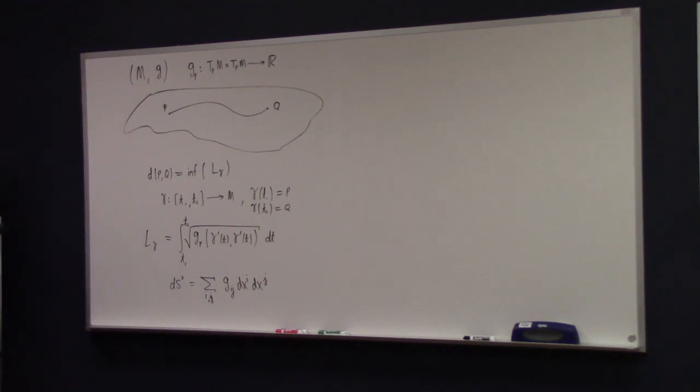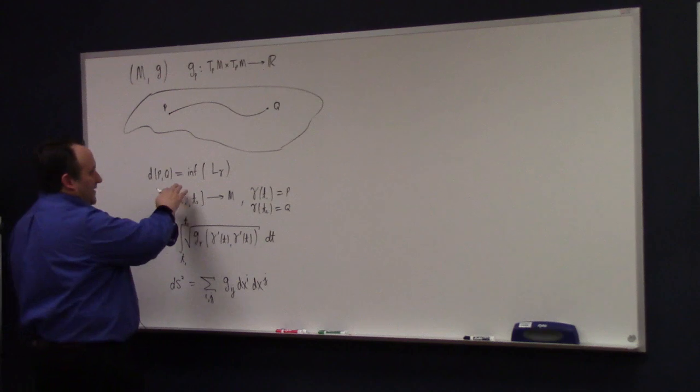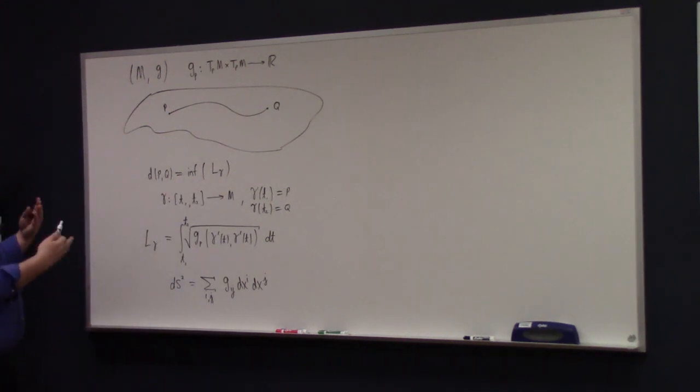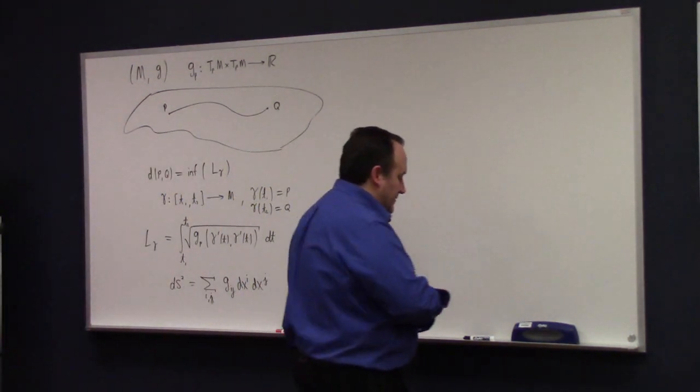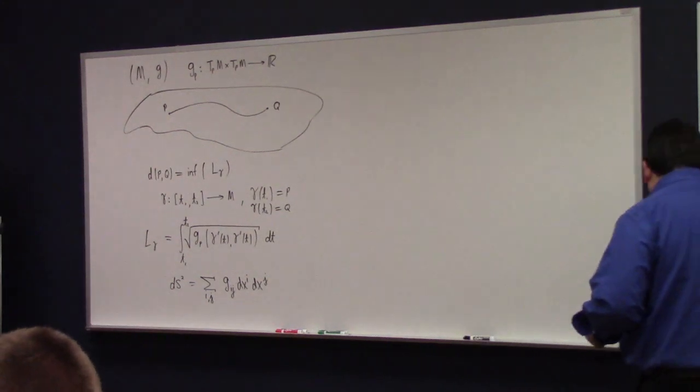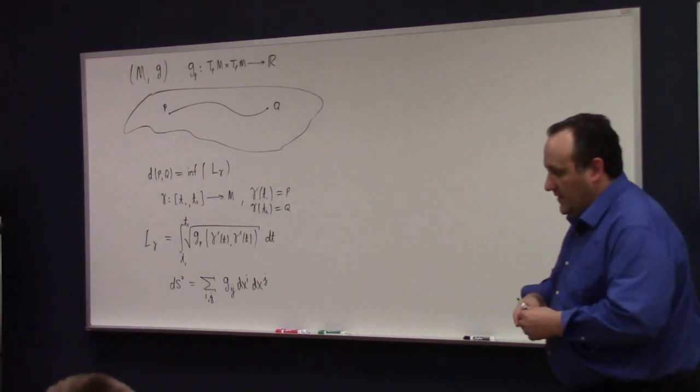If you take the square root of that and integrate it, that calculates the length for a particular curve, and then you just take the infimum over all possible curves. I'm not going to write all the details here. The infimum over all possible curves gives us the definition for the distance between 2 points, and he has about 2 pages where he proves that that's an honest-to-goodness distance function, a formal metric like you'd study in functional analysis or in your topology course right now.